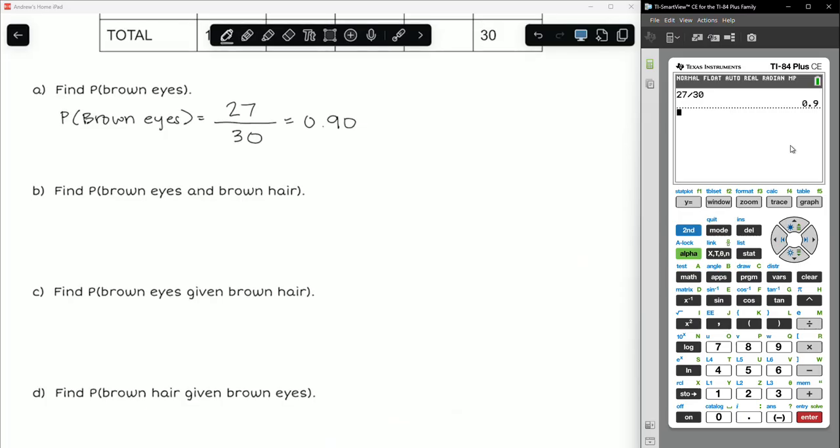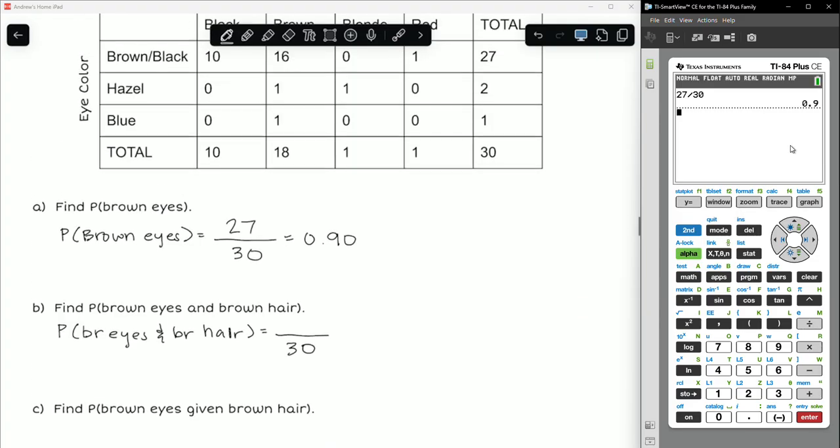The next probability says brown eyes and brown hair. So we're looking for the probability that a student has both brown eyes and brown hair. Oops, I don't know why I wrote equal signs twice there. So I'll set up my probability fraction. The denominator is the same. If I'm randomly selecting a student from the class, I have 30 to choose from.